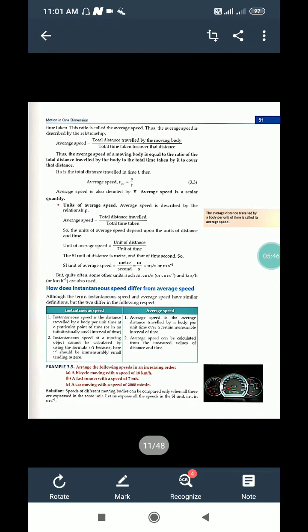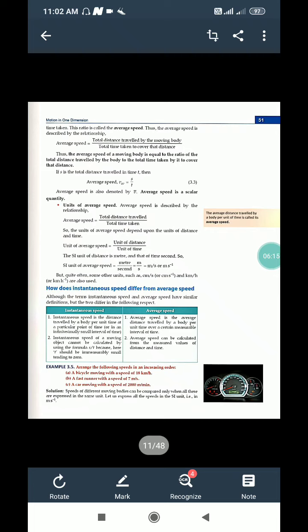Suppose that we have to go from Kolkata to Delhi and the train is taking 15 hours. And what is the distance? The distance of Kolkata to Delhi is 1500 kilometers. So the average speed of the train is 100 kilometers per hour.